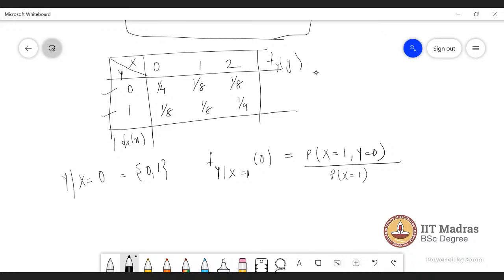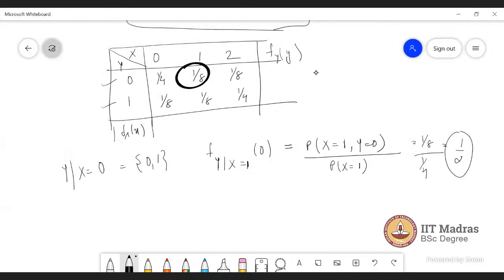So x equals 1, y equals 0 is 1 by 8, and x equals 1 is 1 by 4, right? So it is 1 by 2. So this way, if you can find a joint distribution table, then it is very easy to calculate such kind of problems.